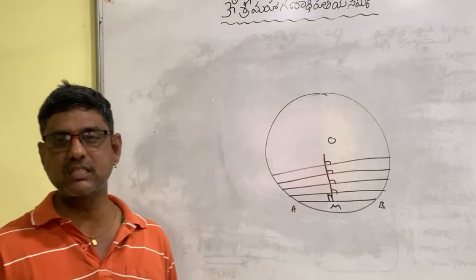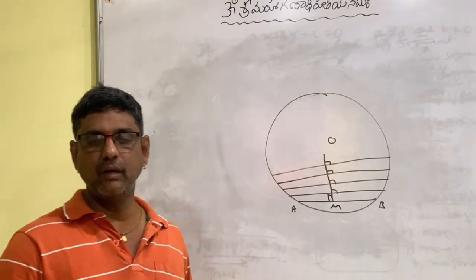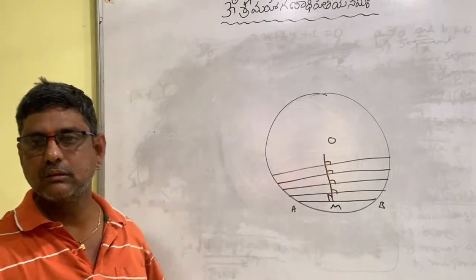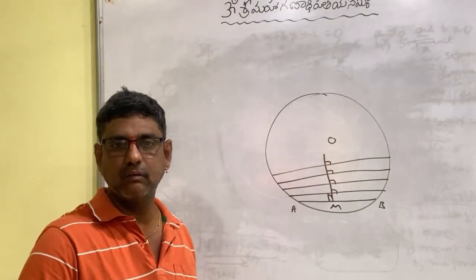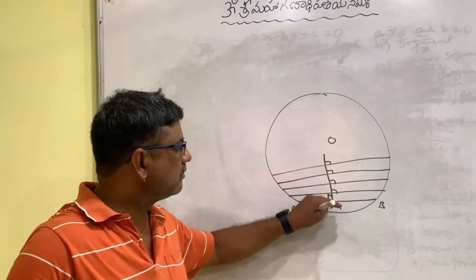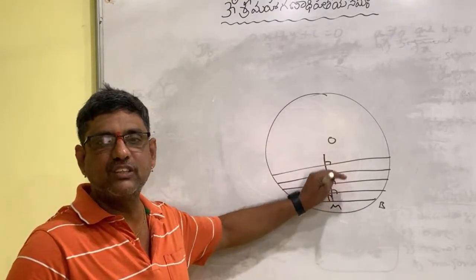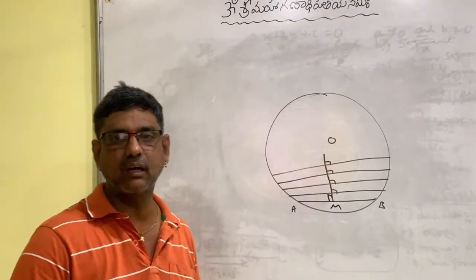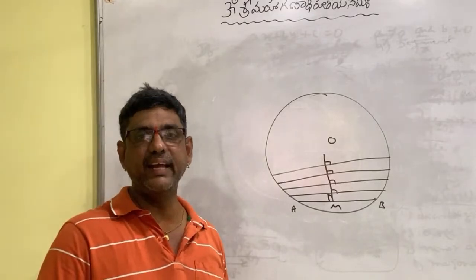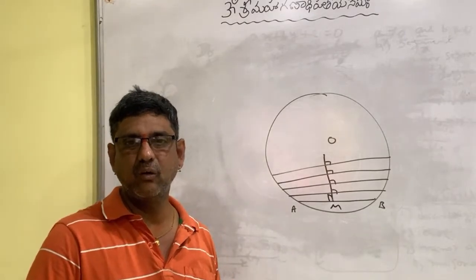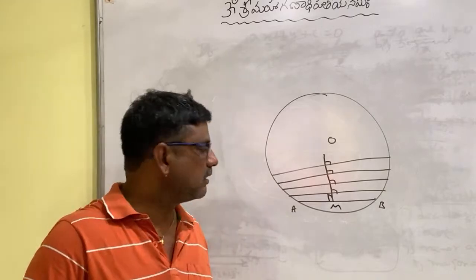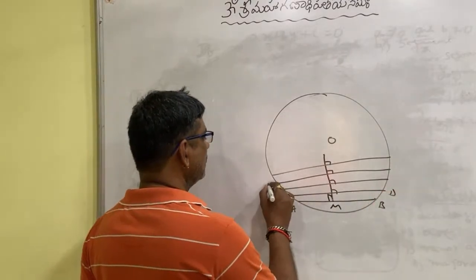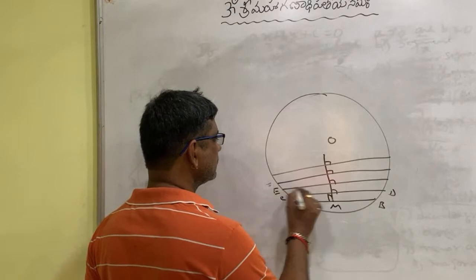When we draw a number of chords which are moving towards the center, the perpendicular distance of the chord from the center decreases. Not only that, the length of the chord increases. You can observe that.